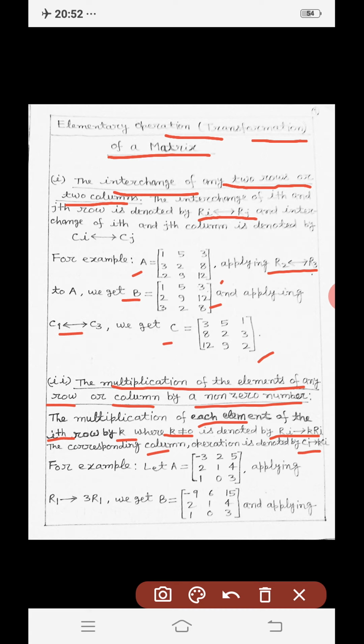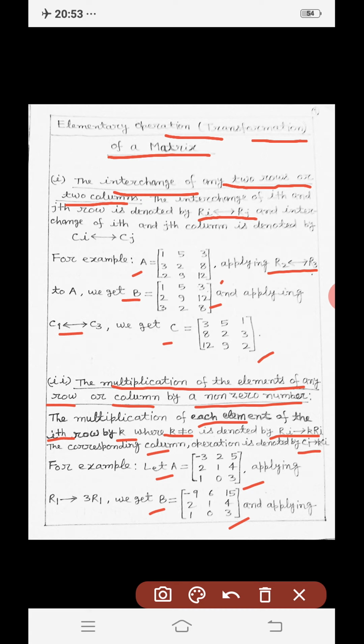For example, let matrix A equal to -3, 2, 5, 2, 1, 4, 1, 0, 3. Applying R1 changes to 3R1 to matrix A, we get matrix B equal to -9, 6, 15, 2, 1, 4, 1, 0, 3.